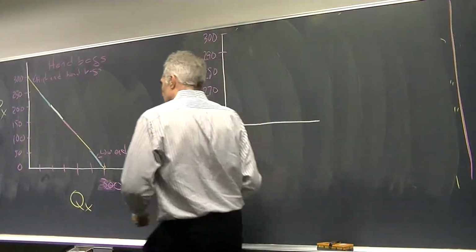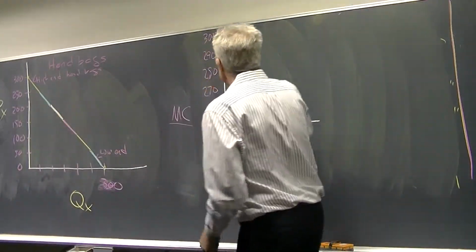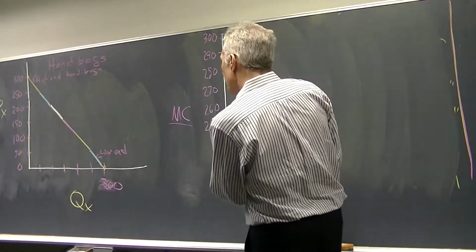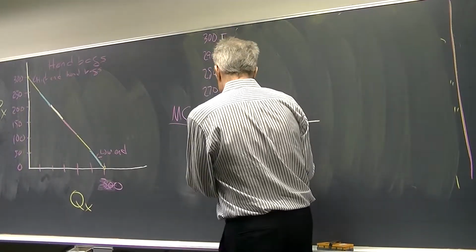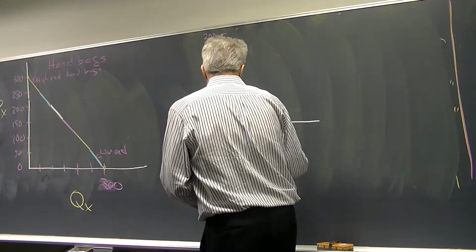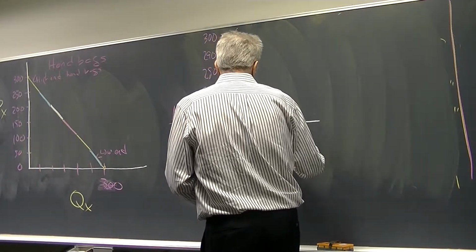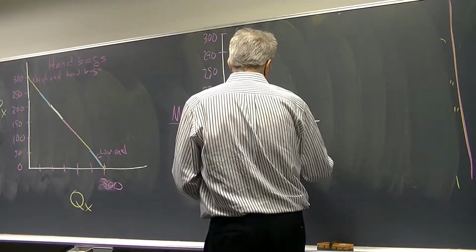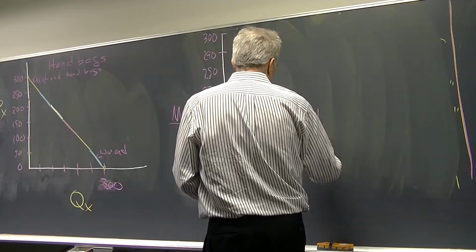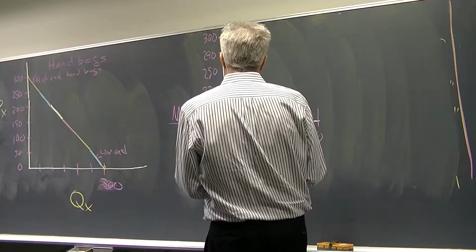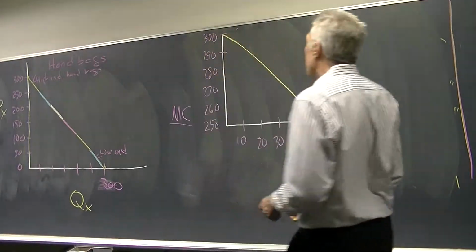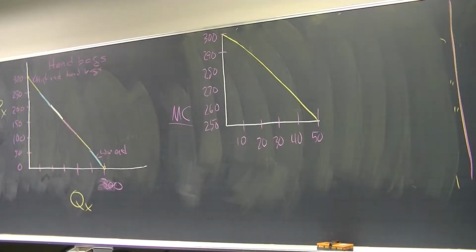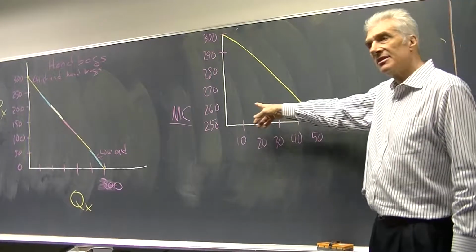Let's use yellow so it's consistent. And that is 10, 20, 30, 40, 50. That's the segment. So now we've got a segment, high-end handbags.